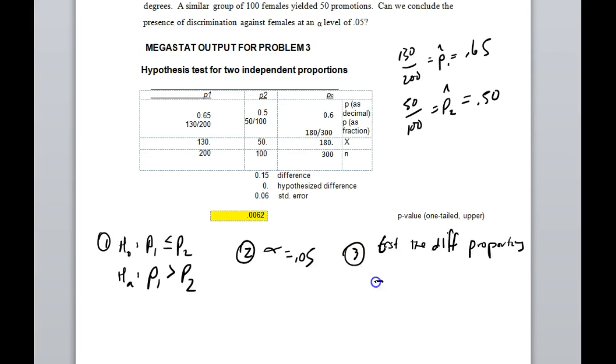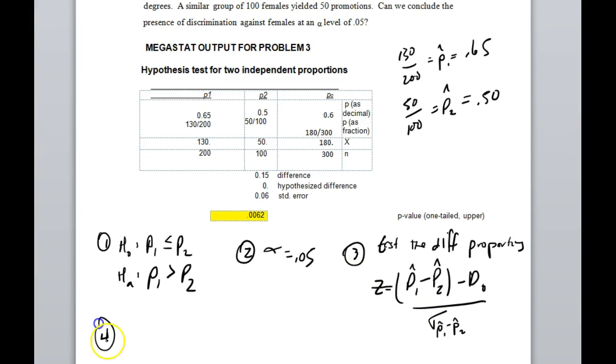And then Z is equal to P1 hat minus P2 hat minus the proposed difference, over sigma of P hat 1 minus P hat 2. So that's our test statistic.